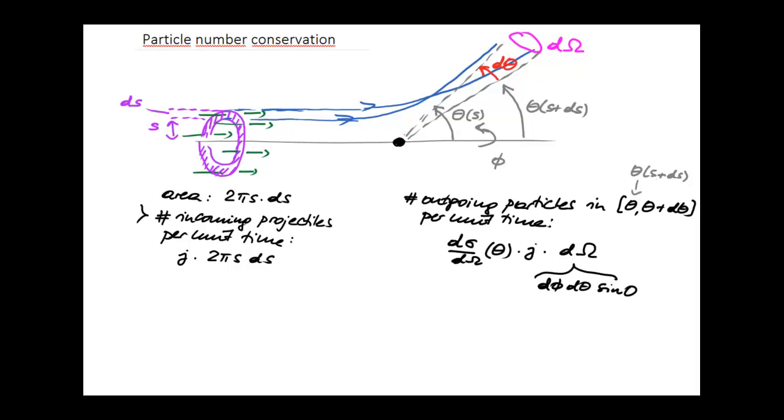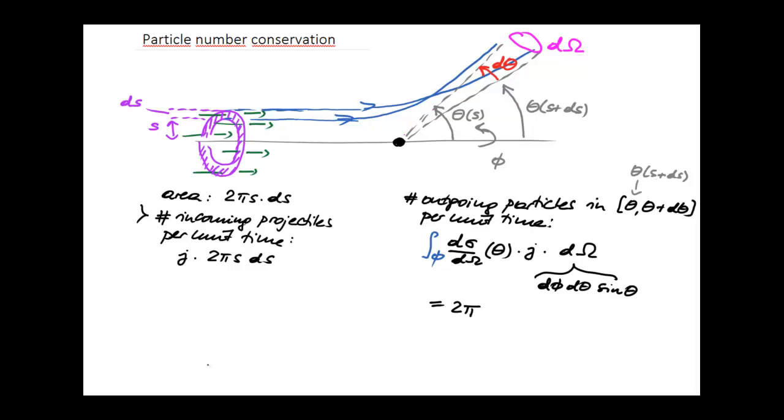Now, first of all, we can write this in the usual form as d phi d theta sine theta. And since we consider the entire ring, so all possible angles phi around the beam axis, we actually have to integrate over phi. The integral over d phi, all the angles around the beam axis, simply gives us a 2 pi.